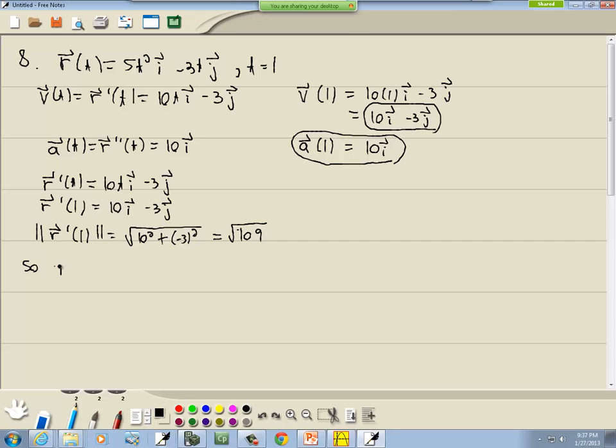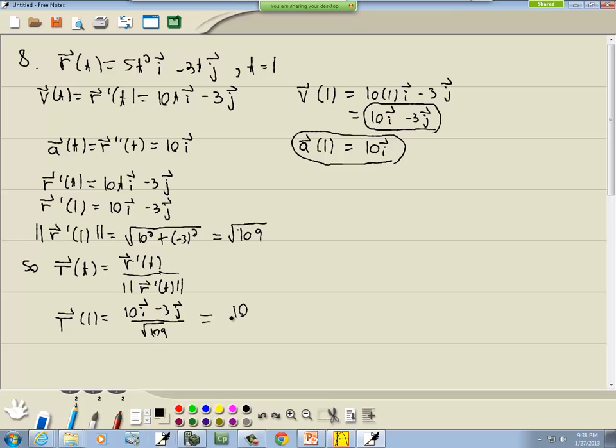So T is going to equal r prime over the magnitude of r prime, which means T of 1 is going to equal r prime of 1, I should say, 10i minus 3j over the magnitude, which is the square root of 109. It's not very pretty.